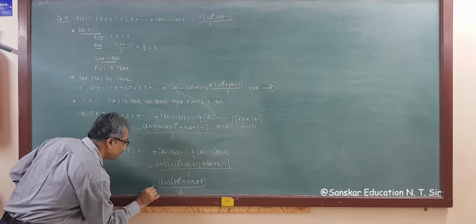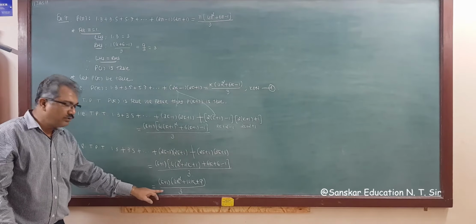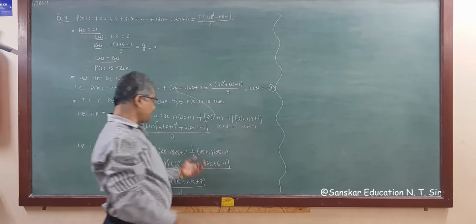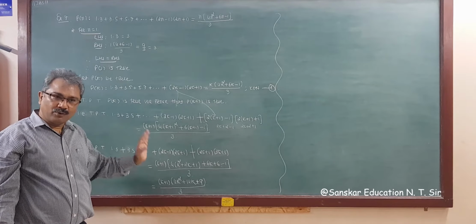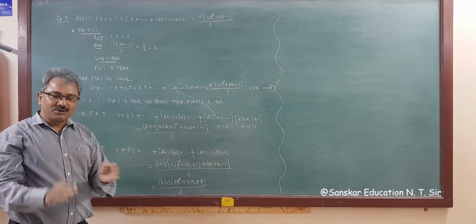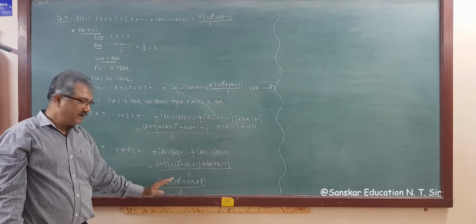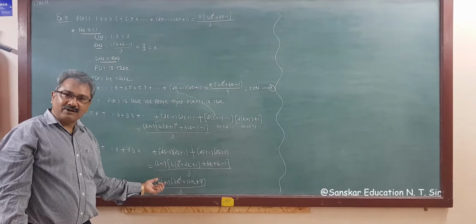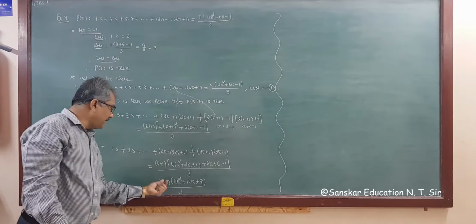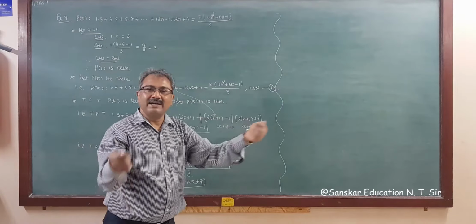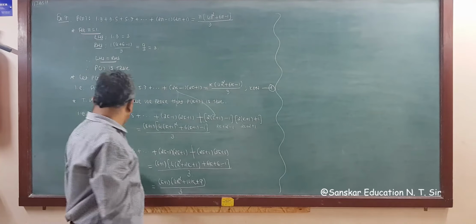So you have to prove this is equal to this. If you don't understand, in the exam you only have to show the calculation, only to show how to prove. Suppose you don't know the factor of simplification, then you can multiply this and compare this and the answer you will get, I will show you.